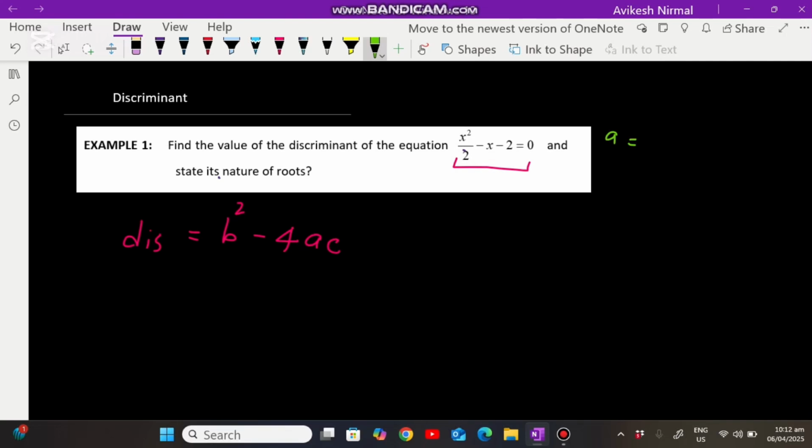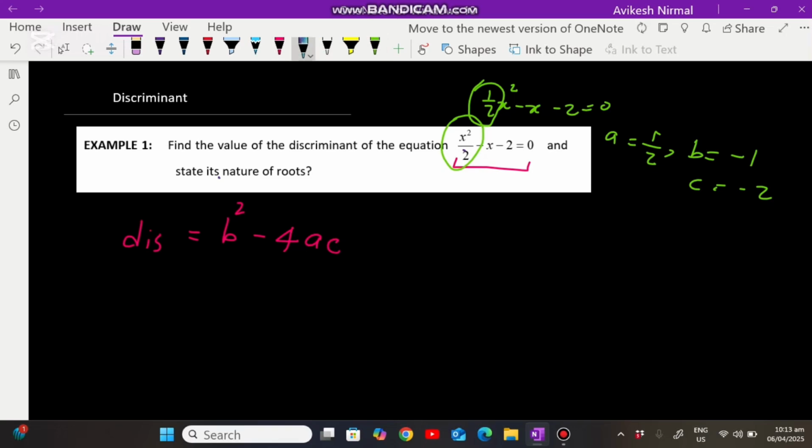So a from this equation, remember a is the coefficient of x squared. In this case the coefficient of x squared is half. Remember we can write x squared over 2 as half x squared, so the equation is half x squared minus x minus 2 equals 0. Therefore a is half, b is minus 1, and c is minus 2.